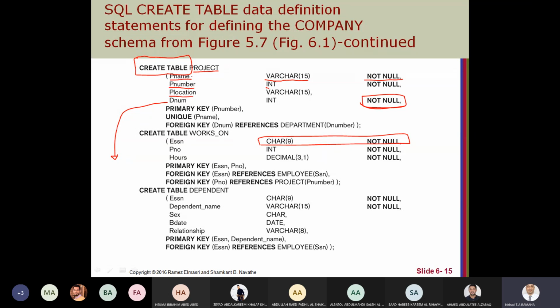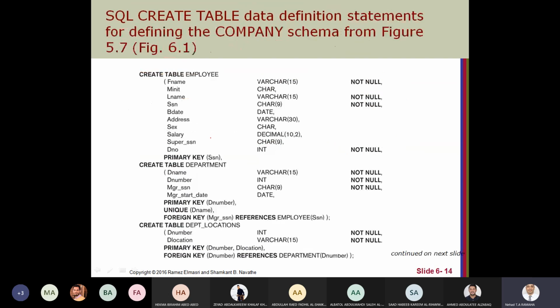So if you want to insert project information, you should insert a value in D number. It cannot be null because you already put the not null constraint. And this value should be available in the department D number. Why? Because the department D number is the primary key of that foreign key.